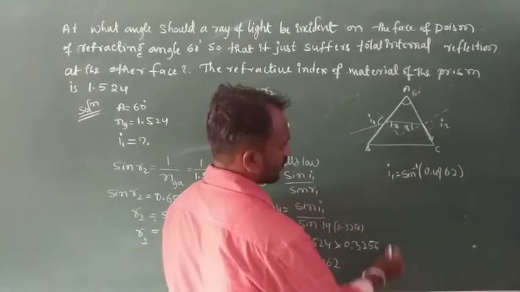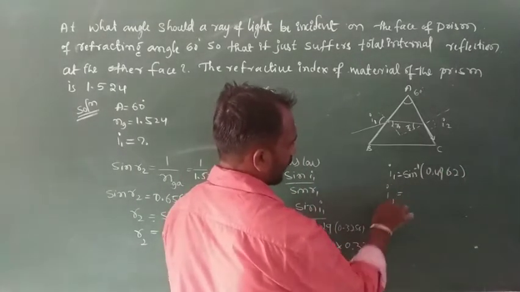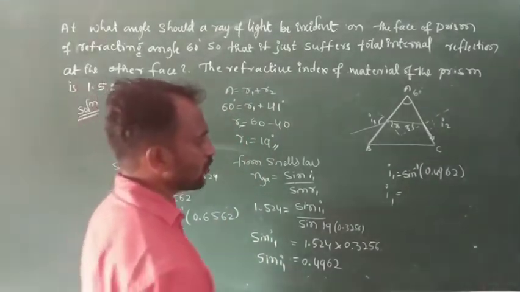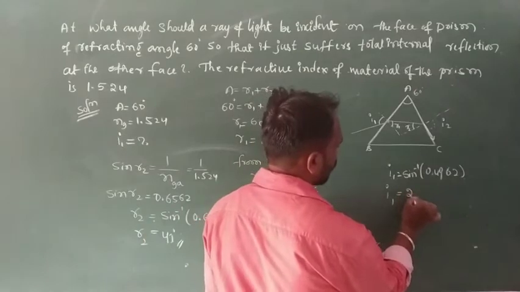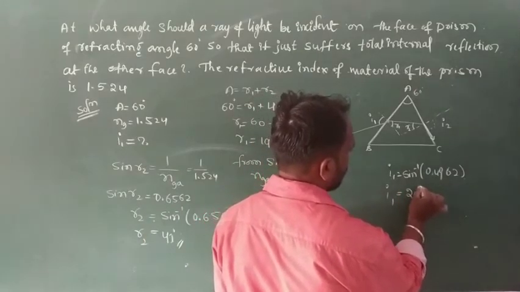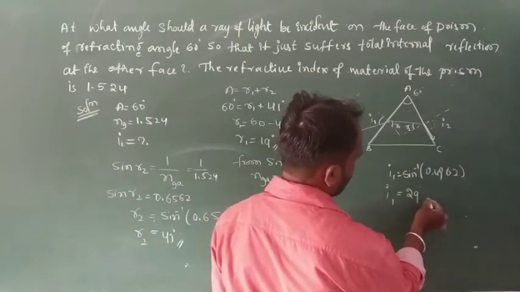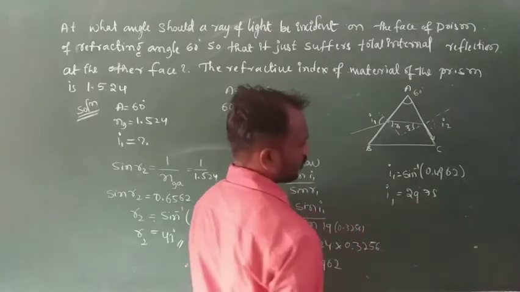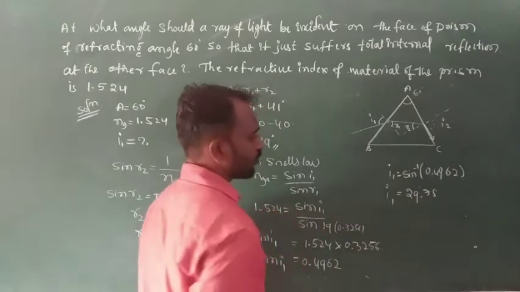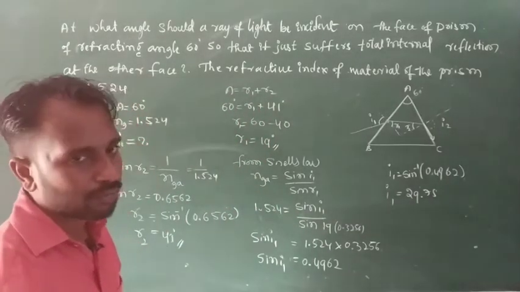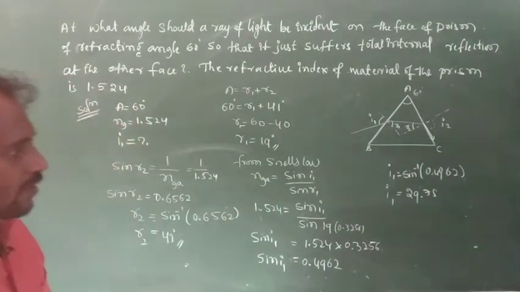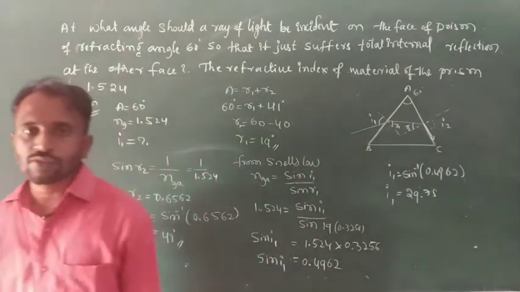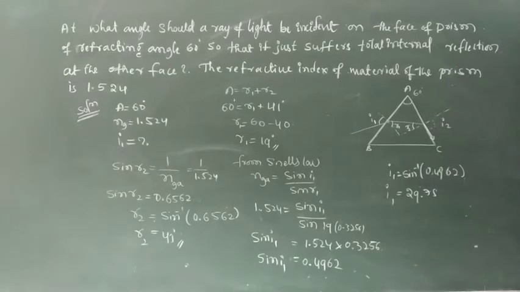Its value is 29.75 degree, it means 29 degree 45 minutes. Yes, so this is the angle of incidence for the first surface of the prism, it means the I1 value.